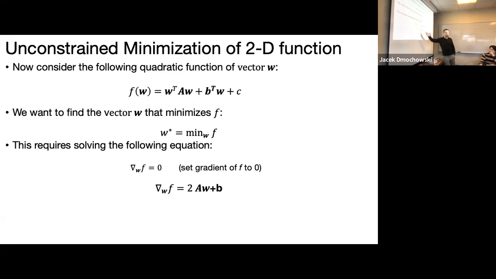Now I'll try to give you the analogy to the scalar case. If f of w was a w squared, then the derivative of f with respect to w, just using the power rule, is 2aw. Now if w is a vector, then the gradient of this quadratic with respect to w is 2aw.